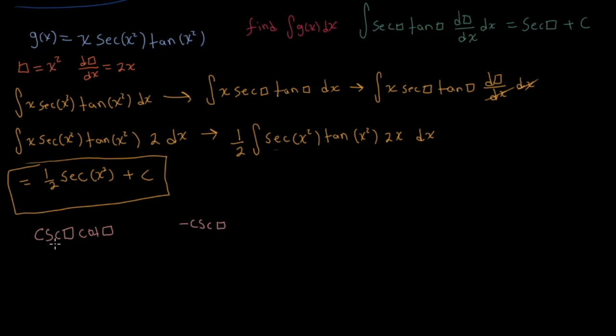So the integral of this will be cosecant of that. Similarly, if you're ever asked to find the integral of a cosecant squared, just remember that cosecant squared is the derivative of a negative cotangent. So if you take the integral of cosecant squared of something, it would give you the cotangent of that something, as long as it's in this form here.